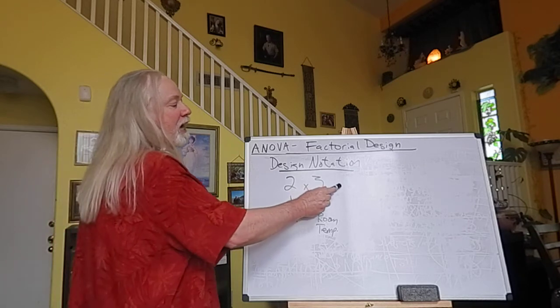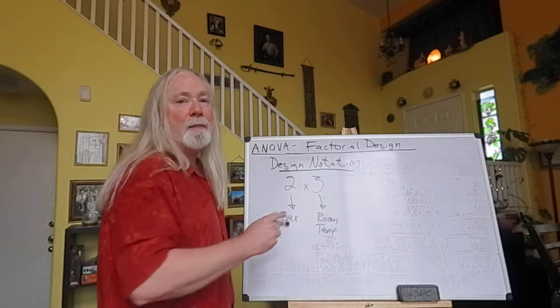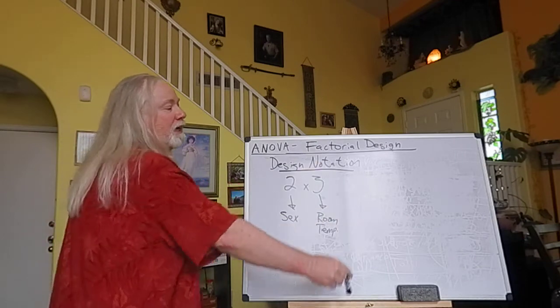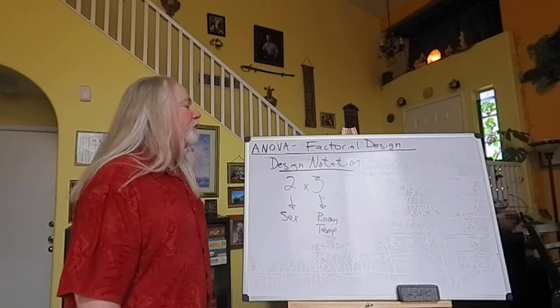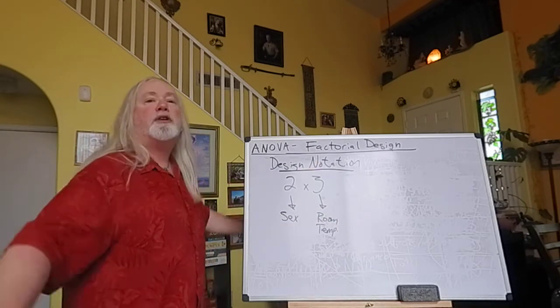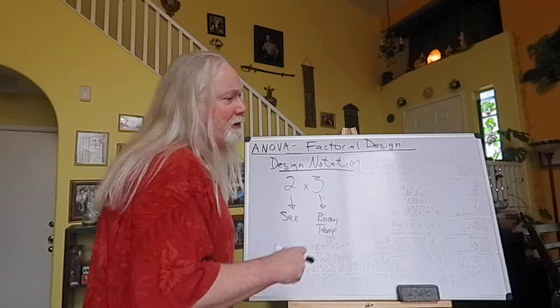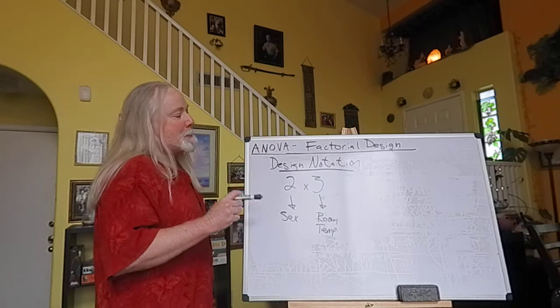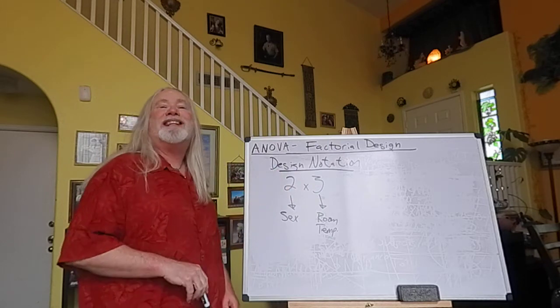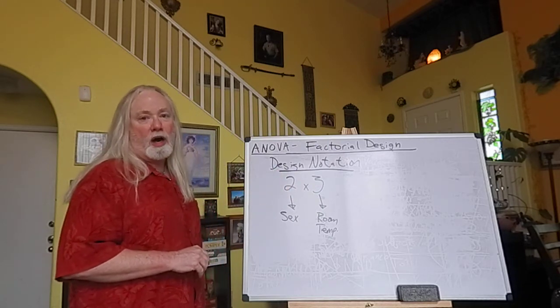If I added another by 2 up there, then that could be something else, smoking status, or college graduate, yes or no, or high anxiety, low anxiety, whatever. So how many numbers you see tells you how many factors there are.